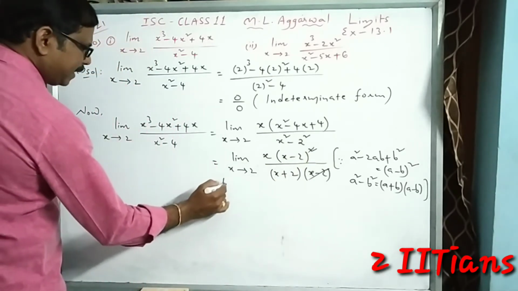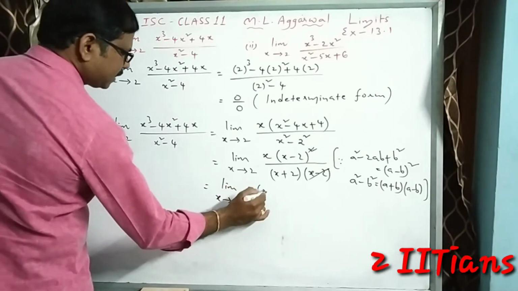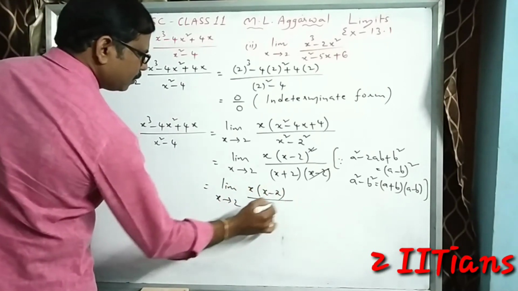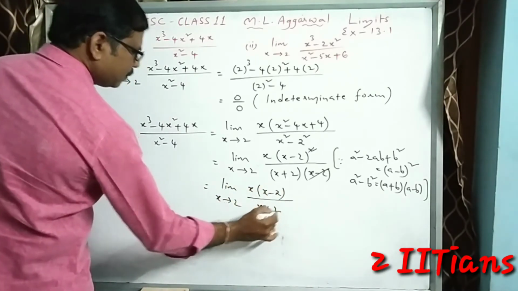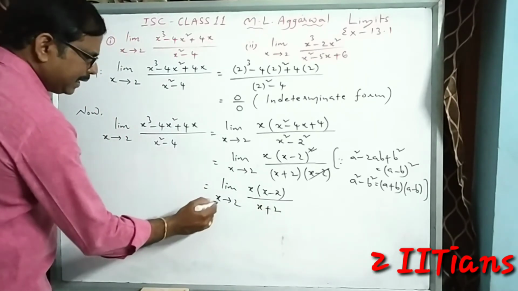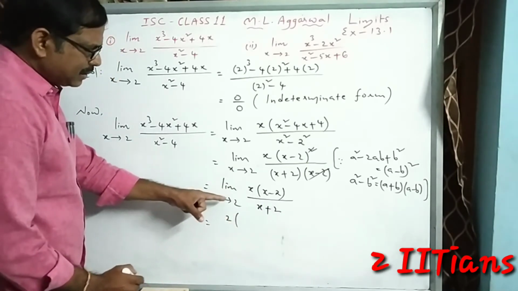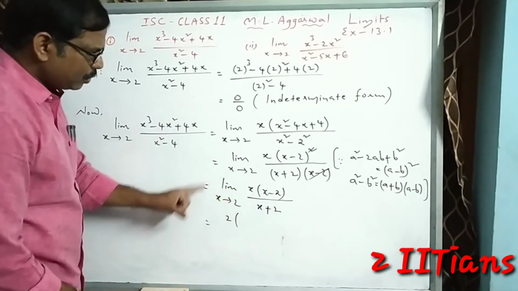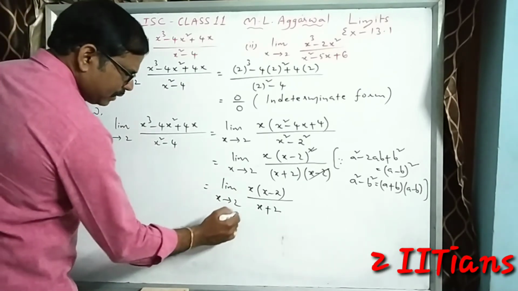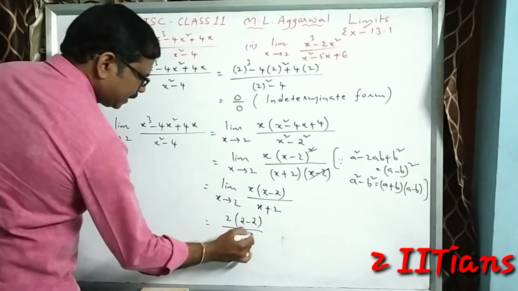So remaining I am writing limit of x minus 2 upon x plus 2. Now you can substitute the value. In the place of x keep 2 into. Whenever we start substituting, do not write the limit again. 2 into 2 minus 2 upon 2 plus 2.